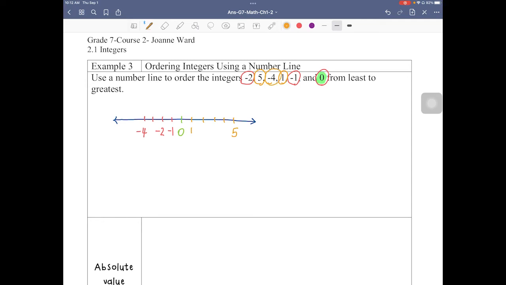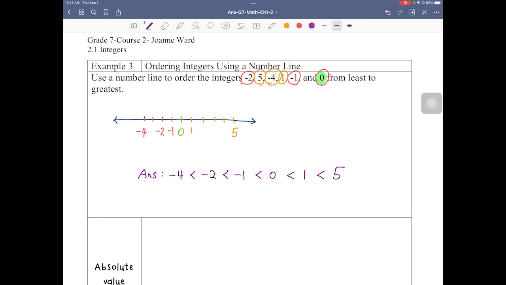Then -4. From smallest to largest: -4 is smaller than -2, smaller than -1, smaller than 0, smaller than 1, smaller than 5.